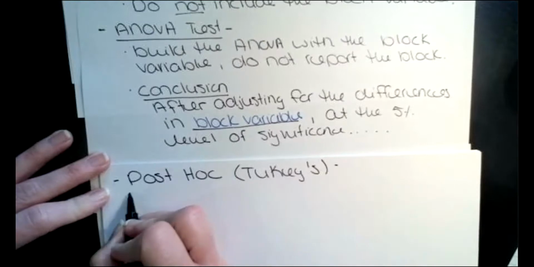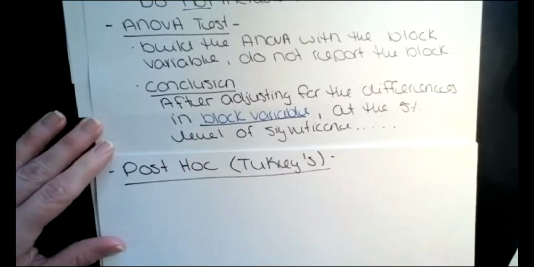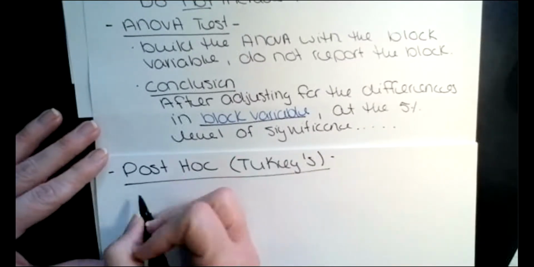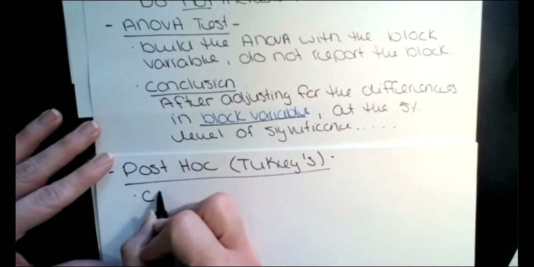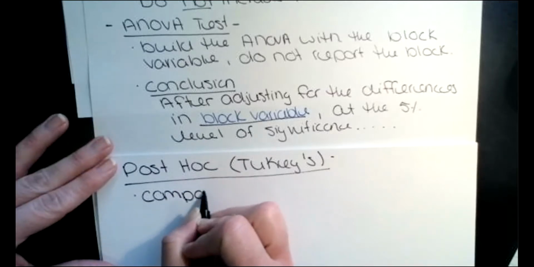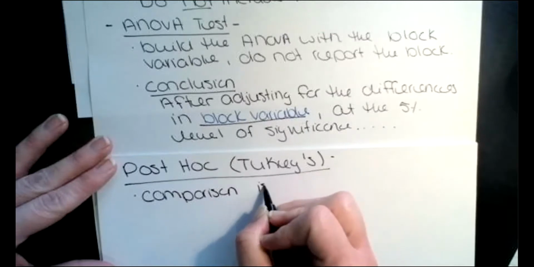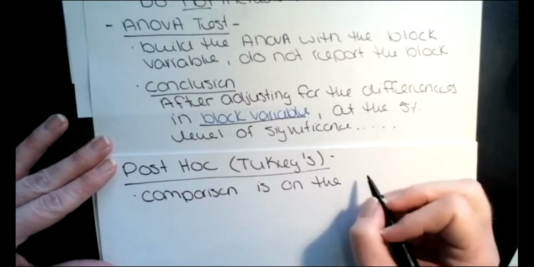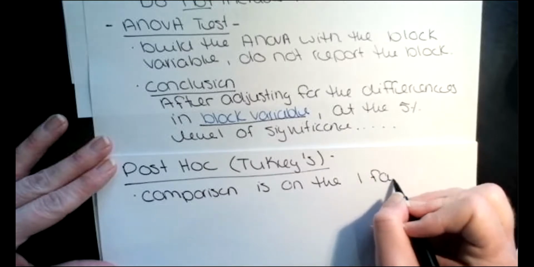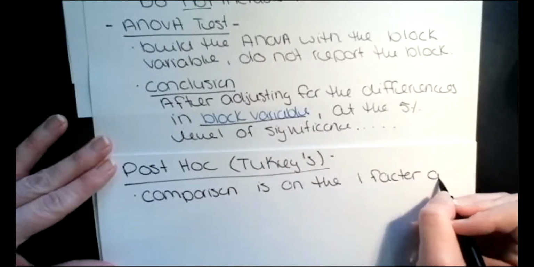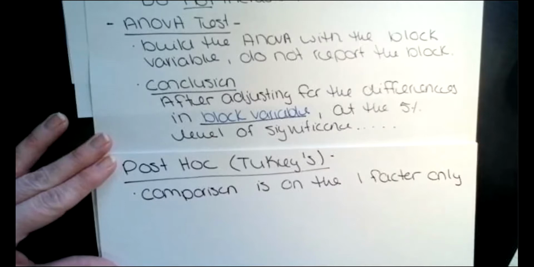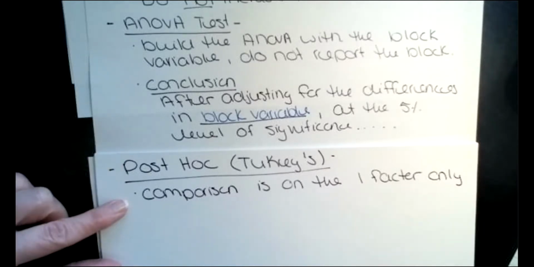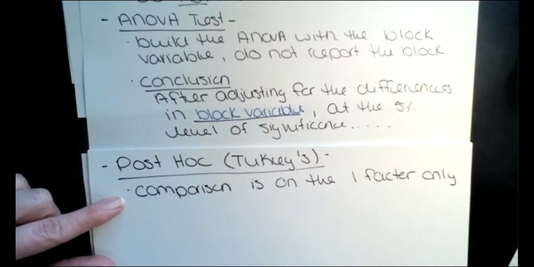right? So when we take a look at that post hoc or that Tukey, the comparison is still on the one factor only. So it's not based on the item anymore, or my blocking variable.